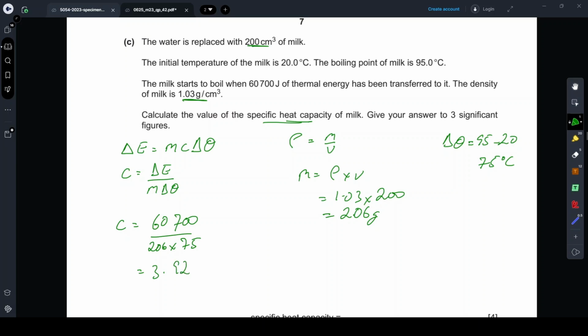So 3.92. Now, one thing, sort of a mistake we've made, is we've taken the gram value. I was thinking we have to convert it into kilograms. So this would be joules per gram degree centigrade, but normally it's per kilogram.